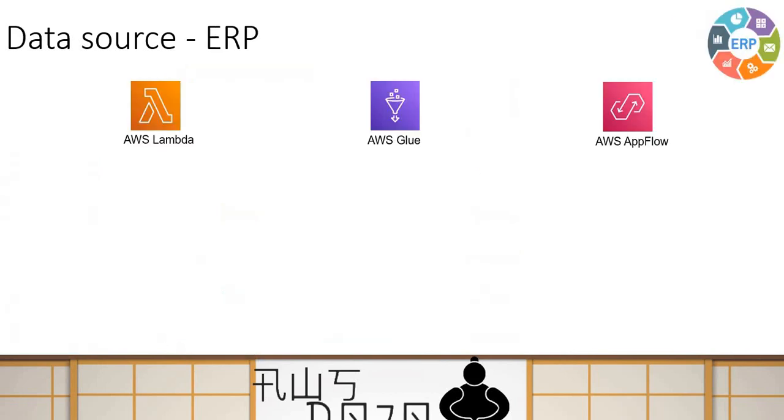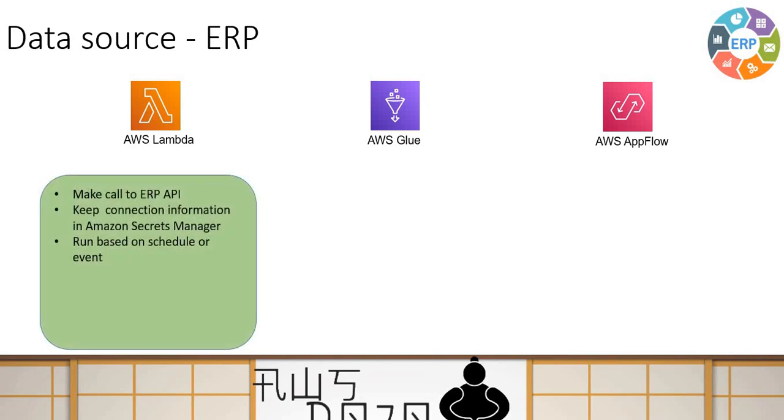Moving on, what about ERPs? When I talk about ERPs, I'm talking about software like SAP or Salesforce, or ServiceNow. If you want to bring data from those systems, what are the different choices available? One choice is, of course, using a Lambda function.